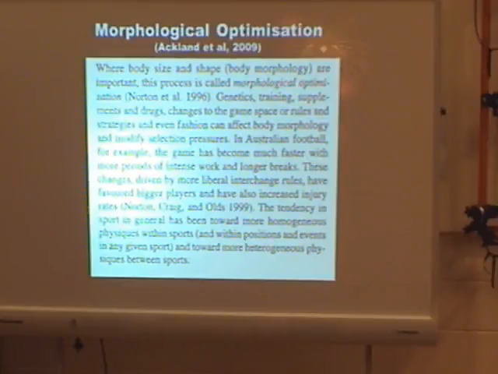One of the big parts about this is the last sentence there. The tendency in sport in general has been toward more homogeneous physiques within sports and heterogeneous physiques between sports. What that's saying is that within the same sport, say basketball, you're getting people that are taller and leaner, going in a specific direction.